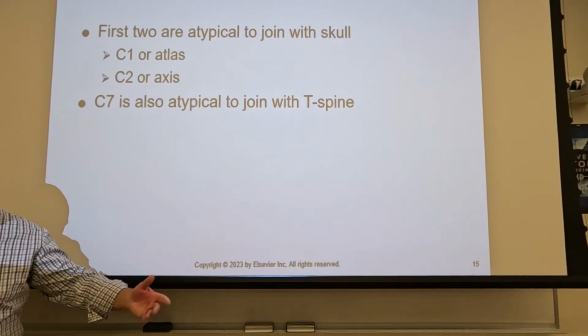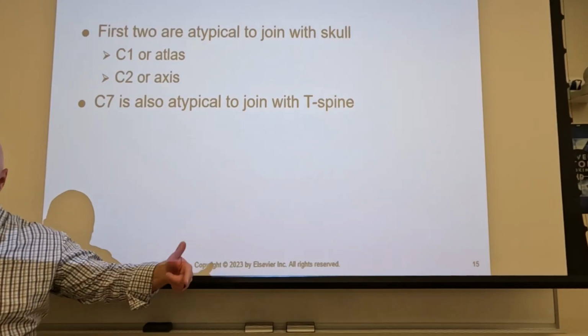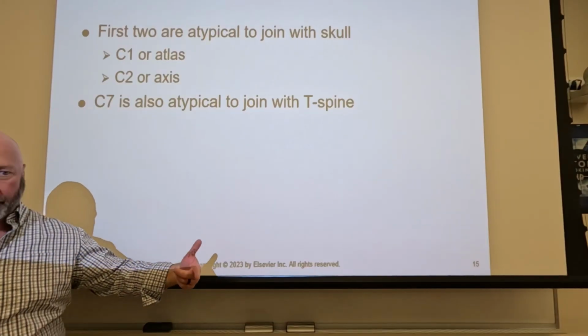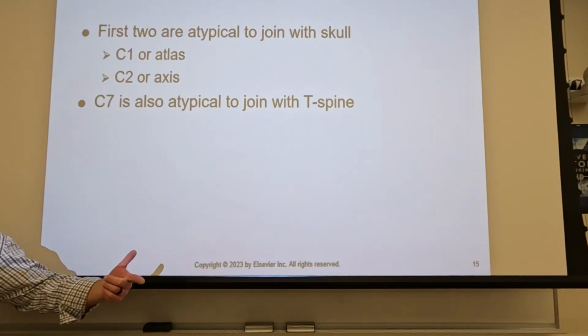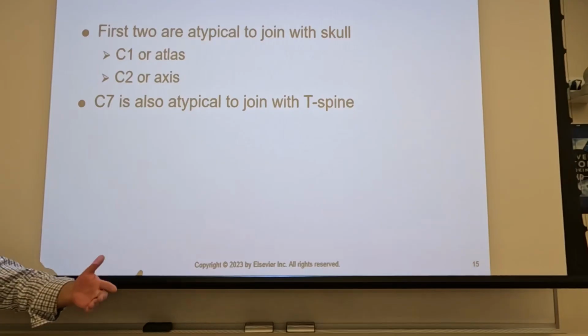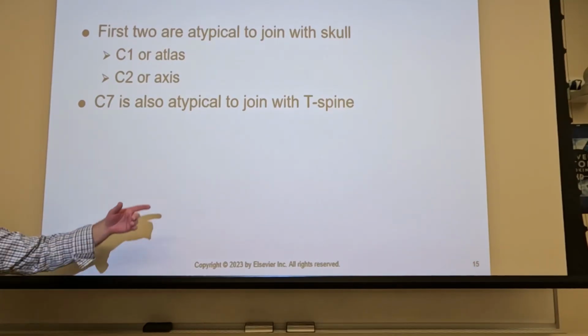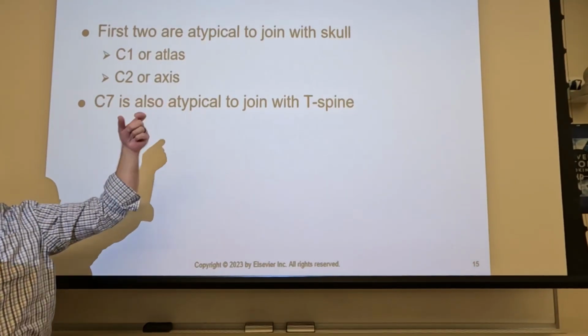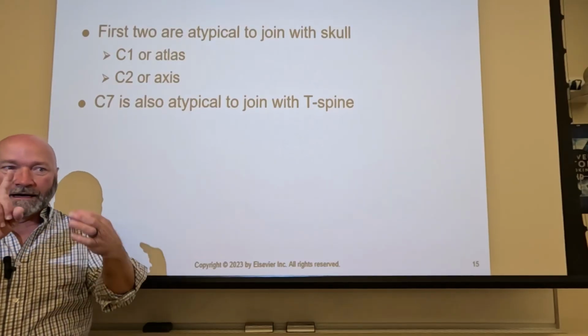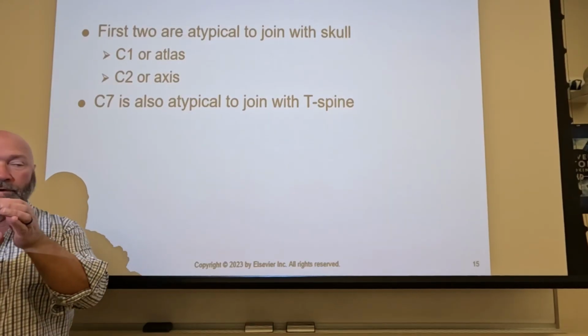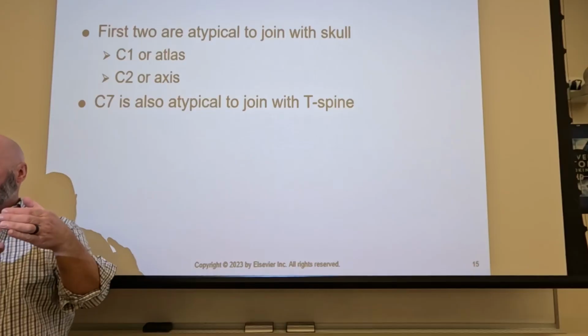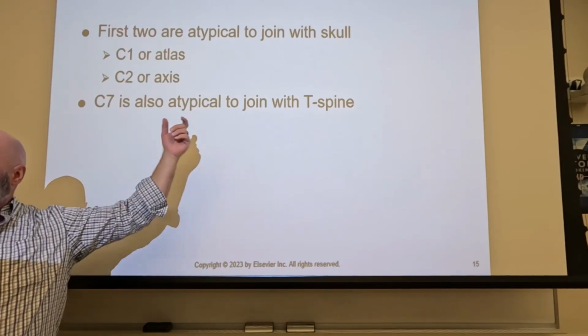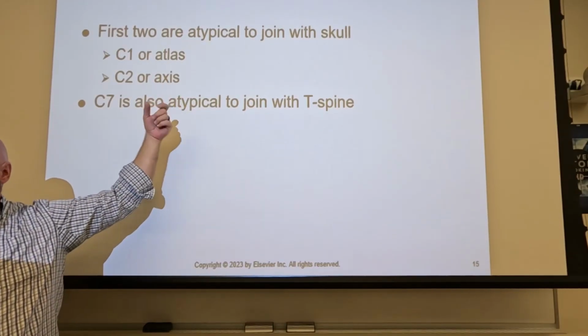So what's the part of your car that the wheels turn on? The axle, right? So again, word association, axle, axis. The axis is the thing that sticks up through the atlas, so that almost all of the rotation in your skull comes from that joint between the axis and the atlas.